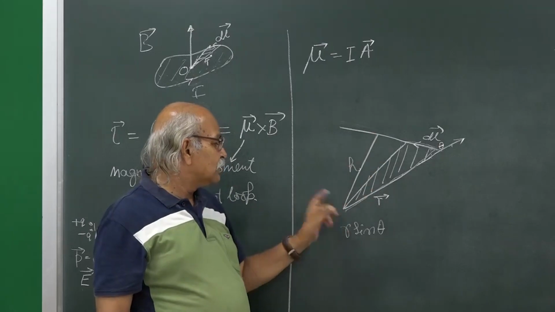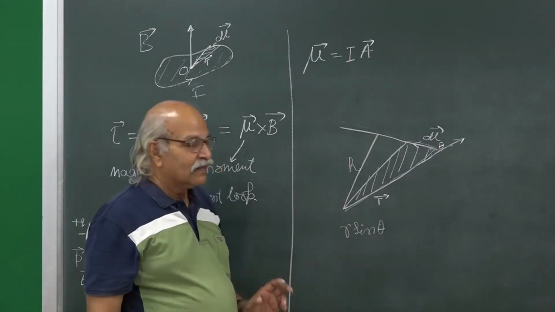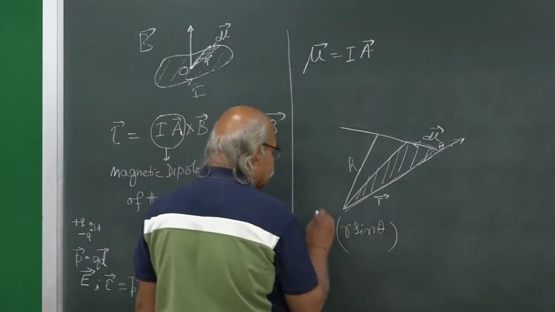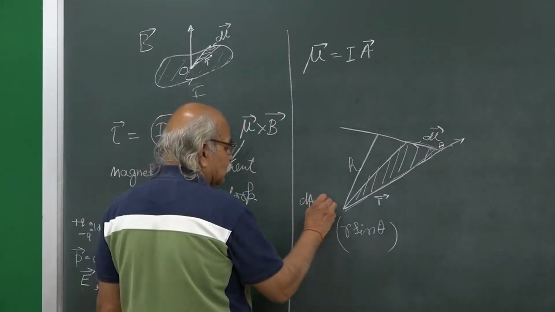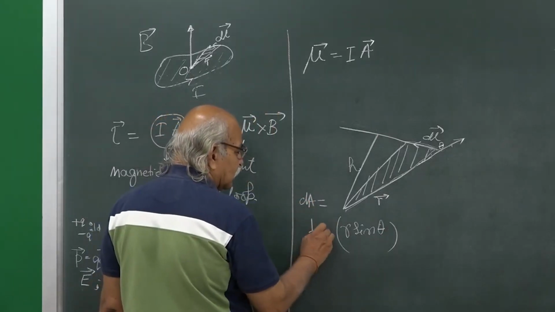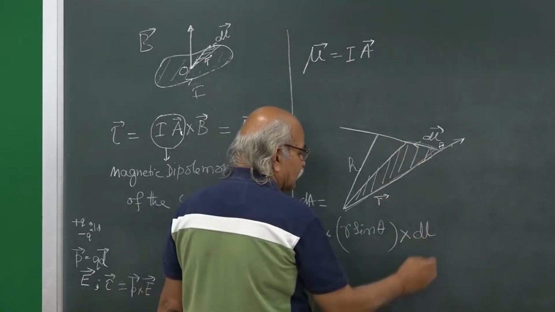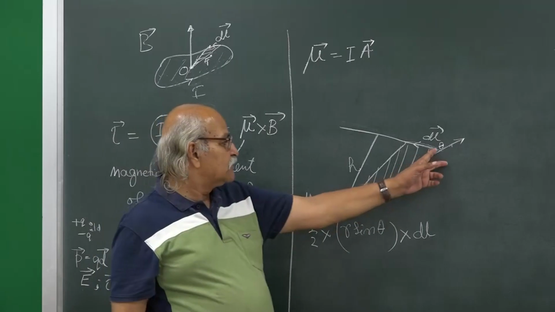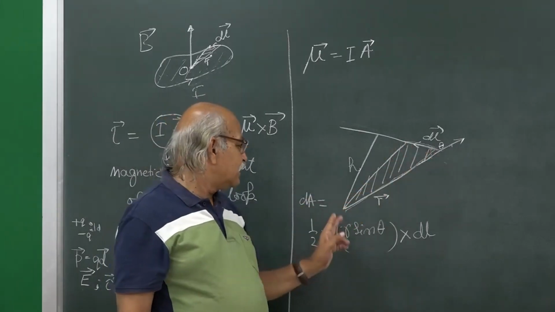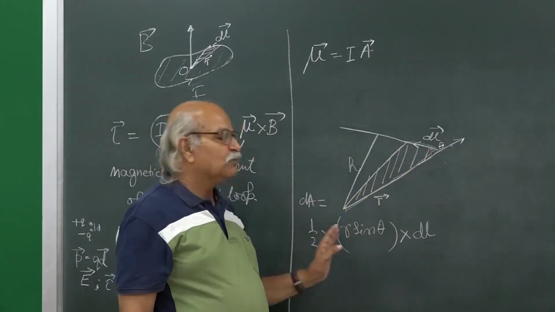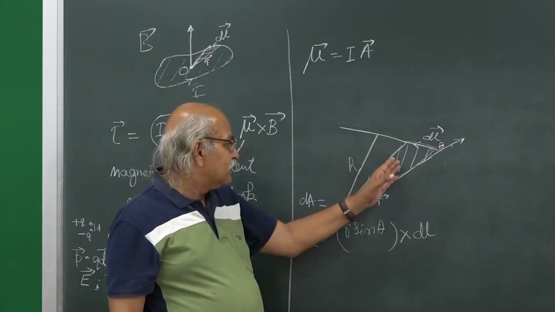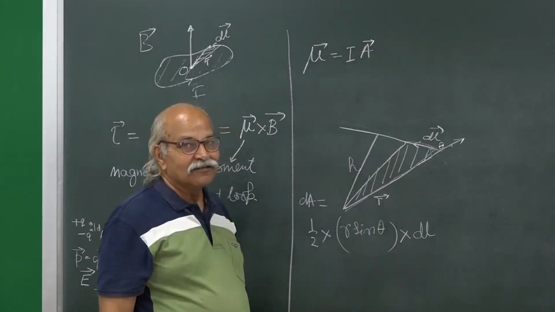So, that will give you the height, and therefore, this area dA will be equal to half into height into base, and that base is dl. The base is dl, and this height is r sin theta. So, half into base into height, that is the area of this triangle.